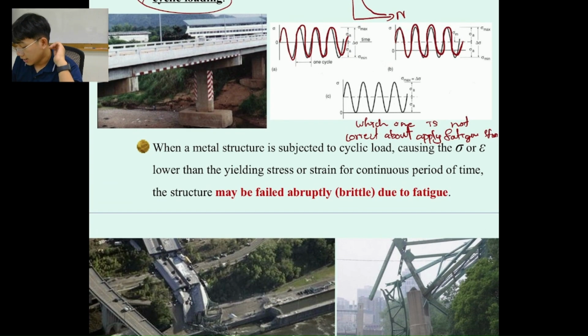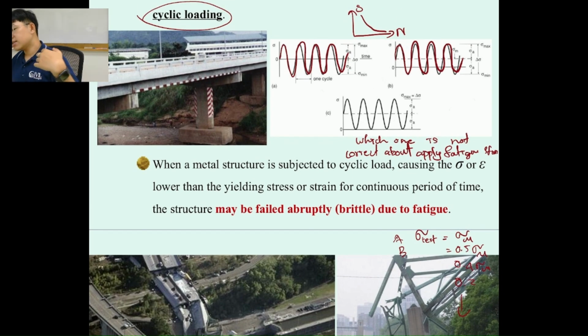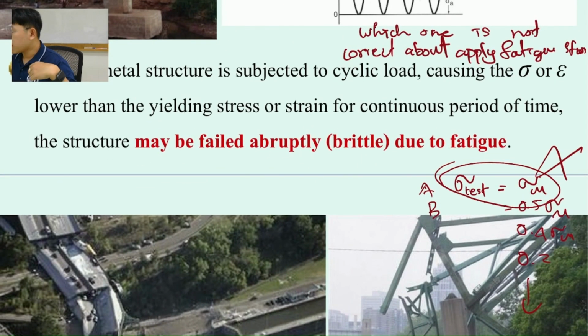So it can be like stress at the test equal to stress ultimate, or stress at the test equal to 0.5 ultimate, something like this, like 0.4 stress ultimate, 0.3 whatsoever. Which means what I want you to focus on is that when we test for fatigue, we are not going to test it at its ultimate. You need to test it at least below the ultimate, around 0.8, or sometimes it can go up to 0.9 of the ultimate.